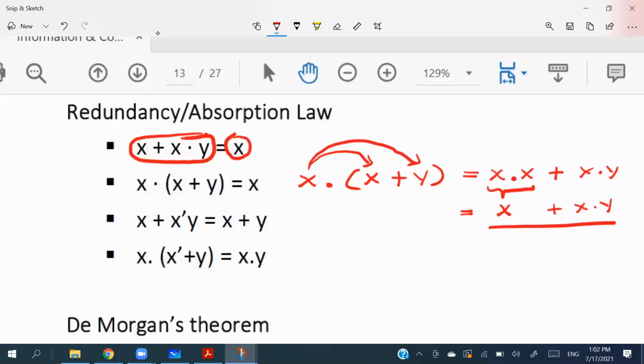Yes. Right. Okay. Very good. Now, those are the easy laws of the redundancy.